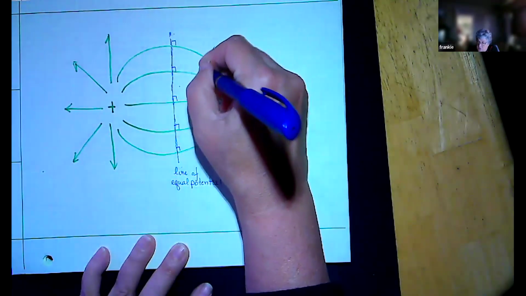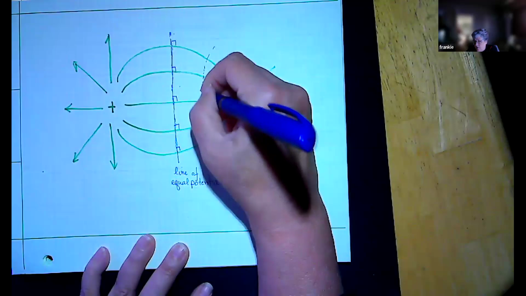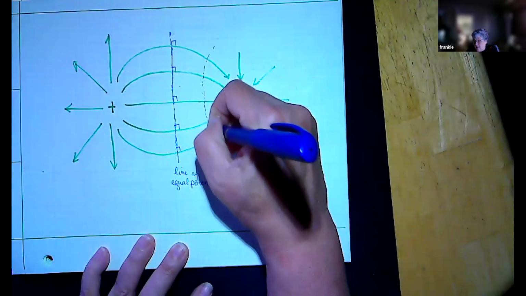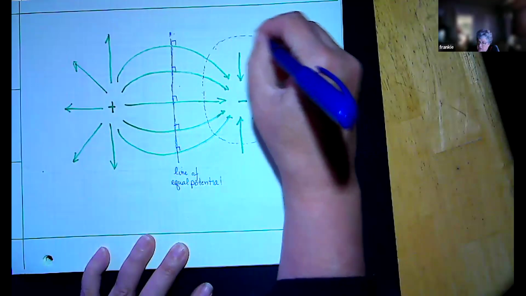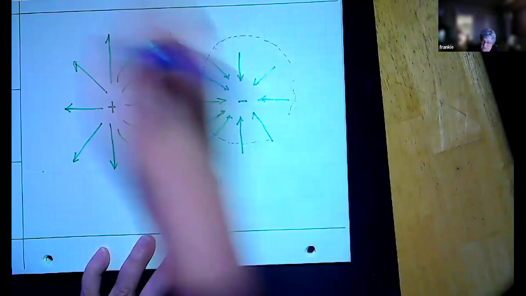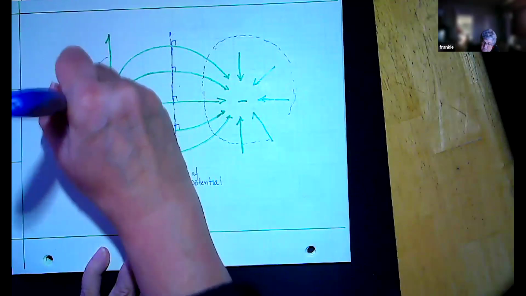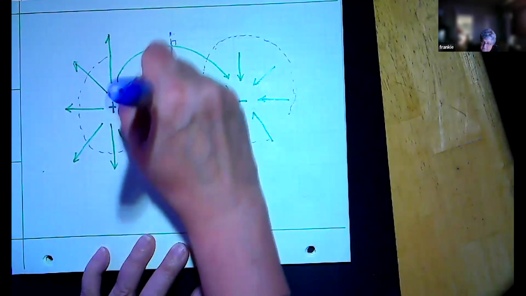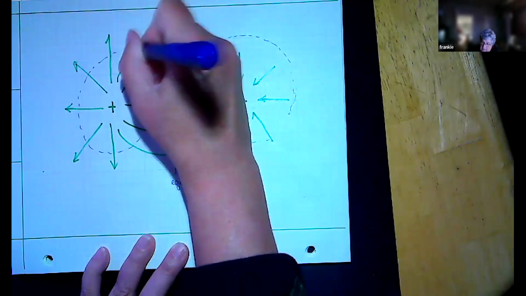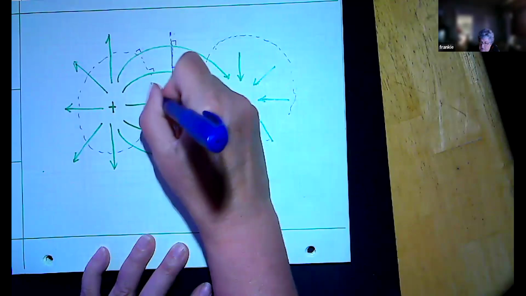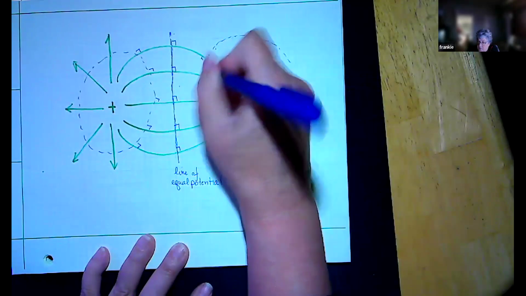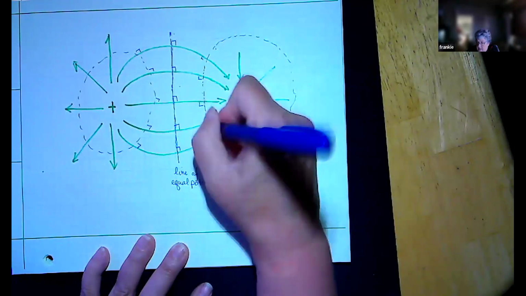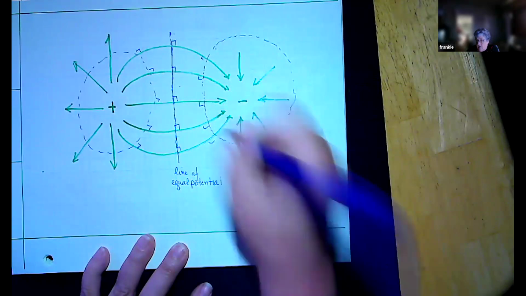And you guys are going to do a virtual laboratory where you're going to look at these lines of equal potential. And you can actually draw your equal potential lines in your dipole and get this represented of our dipole here. So we get a variety of our lines associated with our equal potential.